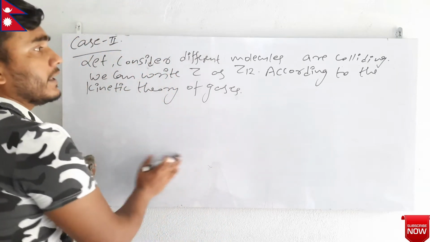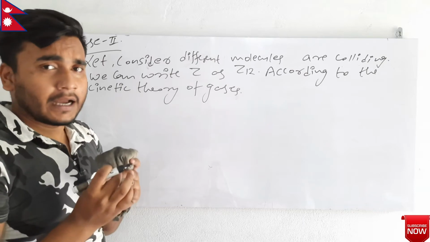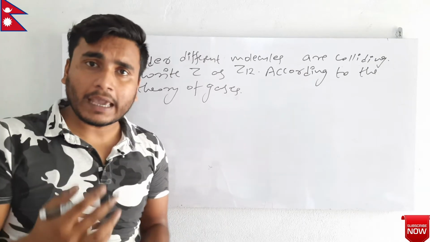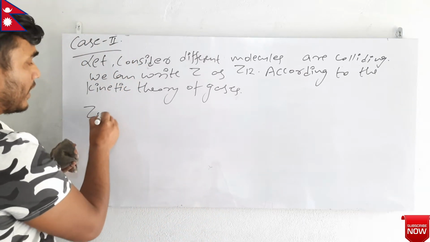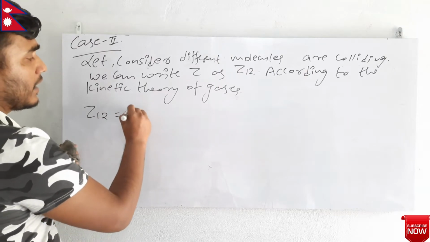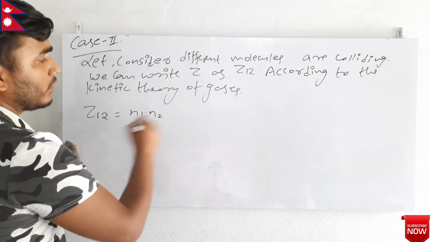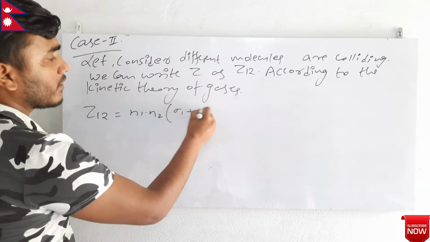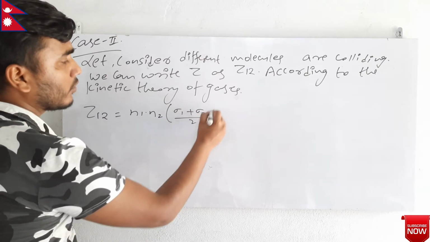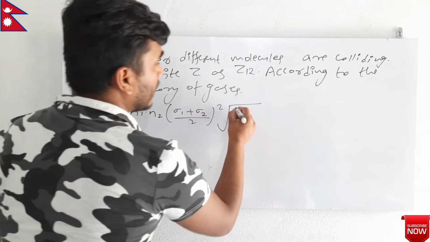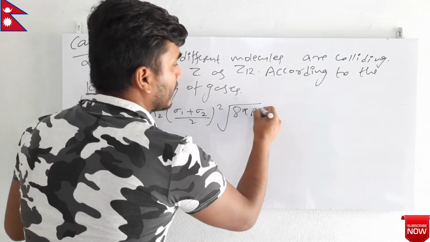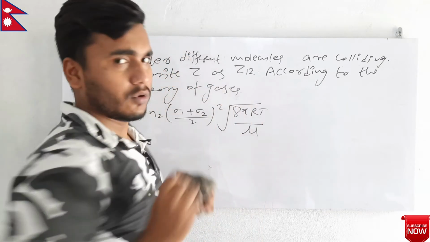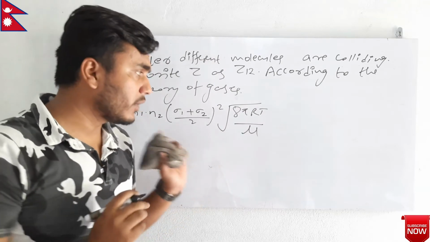Okay, now if the molecules are of different types, then according to the kinetic theory of gases, this Z12 can be written as N1 into N2 into sigma 1 plus sigma 2 by 2 whole square, root under 8 pi RT by mu. Okay, so this is the formula for it.